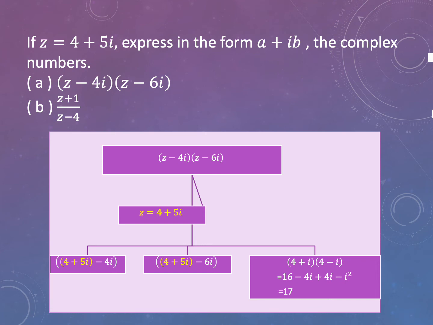Question 1. If the complex number z equal to 4 plus 5i, expressed in the form a plus ib, find part A, complex number z minus 4i multiplied with complex number z minus 6i, and part B, complex number z plus 1 divided by complex number z minus 4.